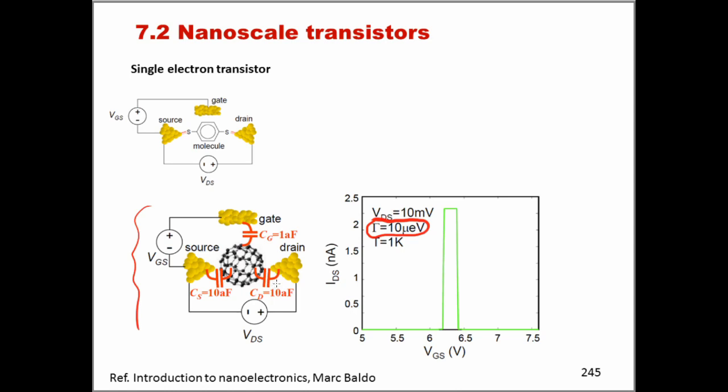How well the potential of the particle is controlled just by the gate and not by the drain all comes down to the values of these capacitances here. So you can see that the capacitance on the gate here is 1 attofarad, while this one is 10 attofarad.